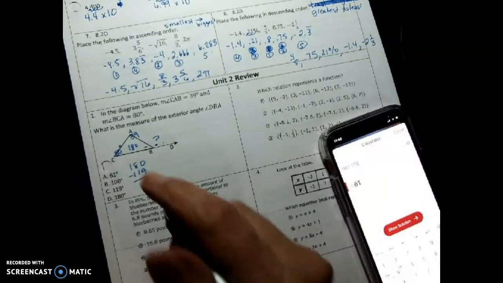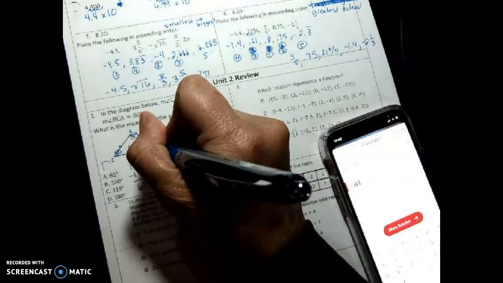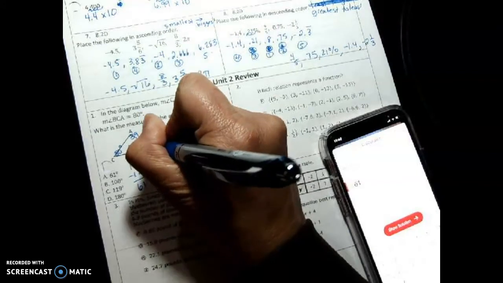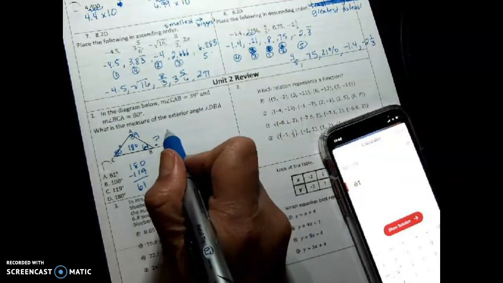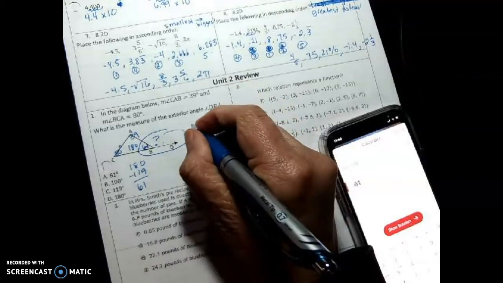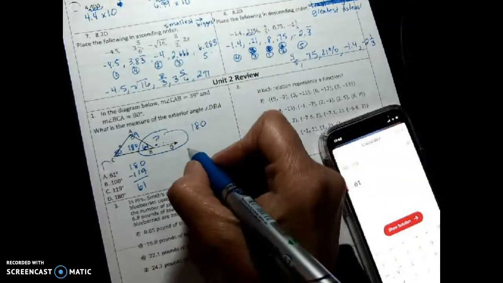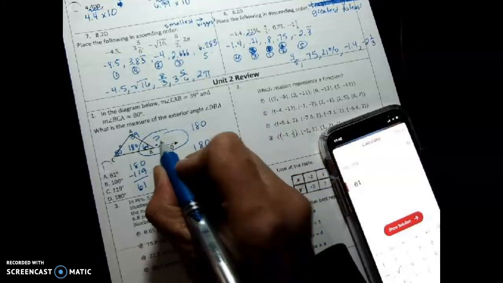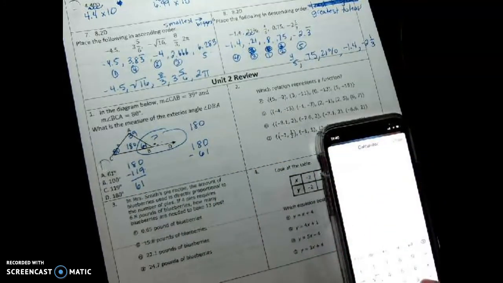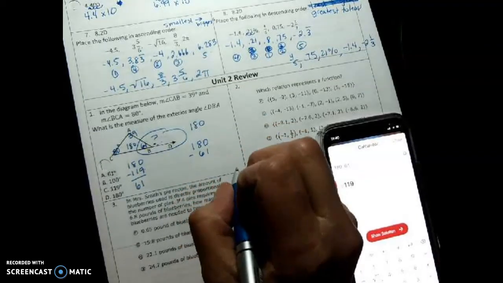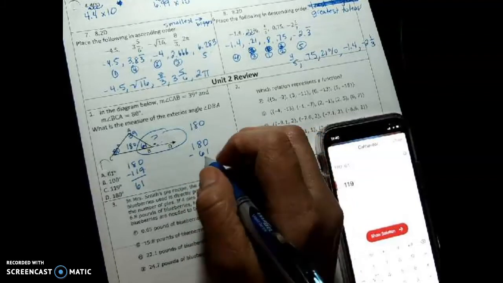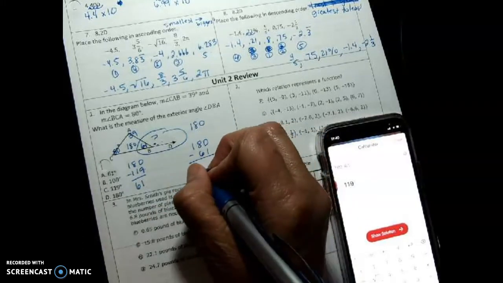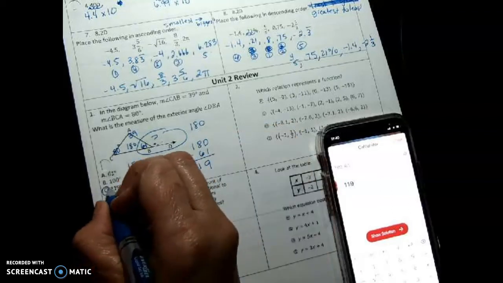So that's 61. Okay, so that's going to go there. All right, this all has to equal 180 also. So I'm going to go 180 minus 61 to figure out that one. And that one's going to be 119. The answer is C.